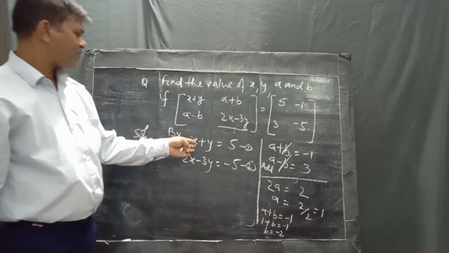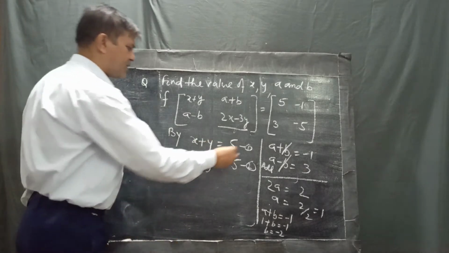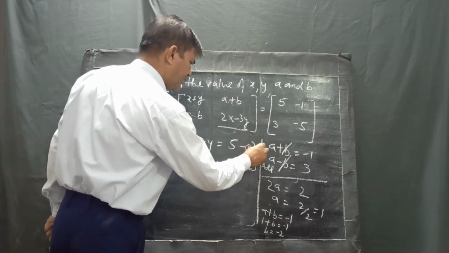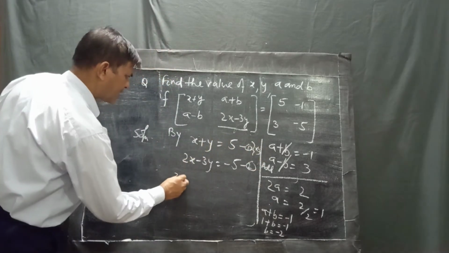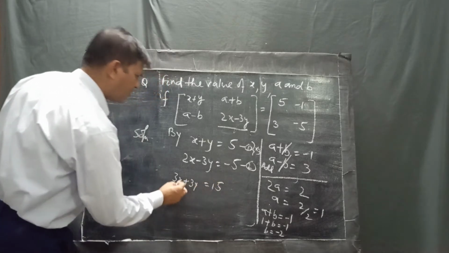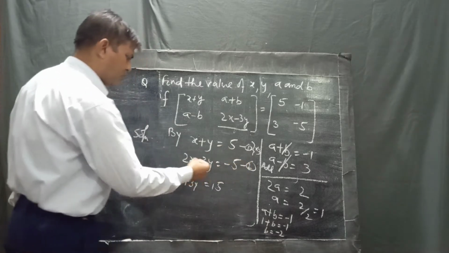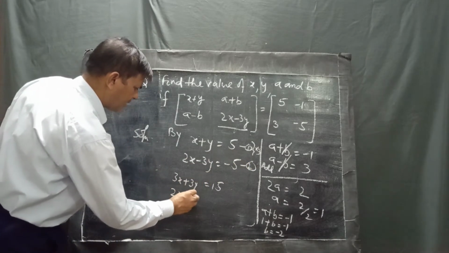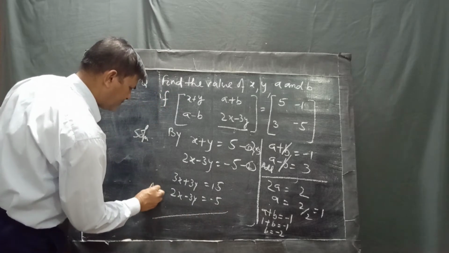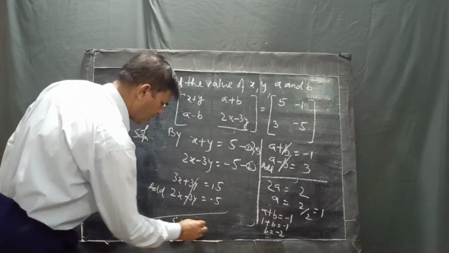Similarly for the equation x plus y equals 5, now equation 1 is multiplied by 3. Then it will become 3x plus 3y equals 15. Now adding equation number 2, 2x minus 3y equals minus 5. Now adding, this will cancel. 5x is equal to 10.